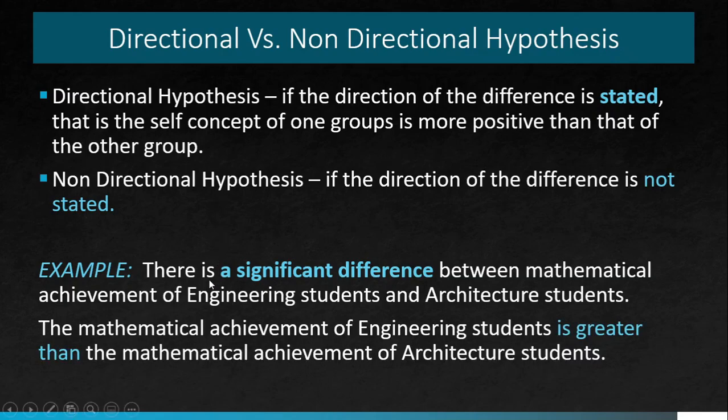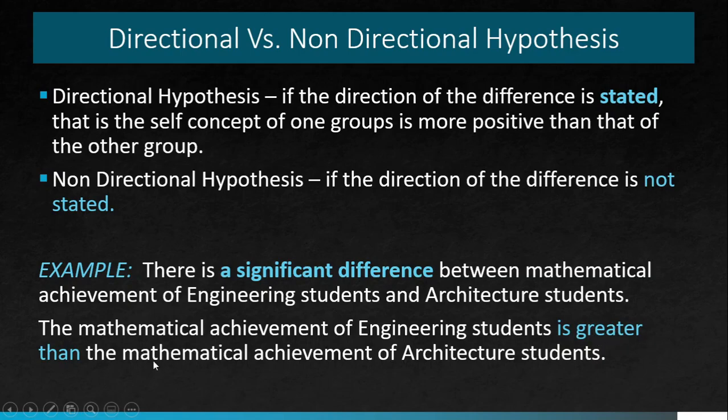Okay, so there is a significant difference between mathematical achievements of engineering students and architecture students. Again, this is non-directional because it simply states that there's a difference, but we don't know which is higher or better. And this is your directional, because you now have your comparative word.